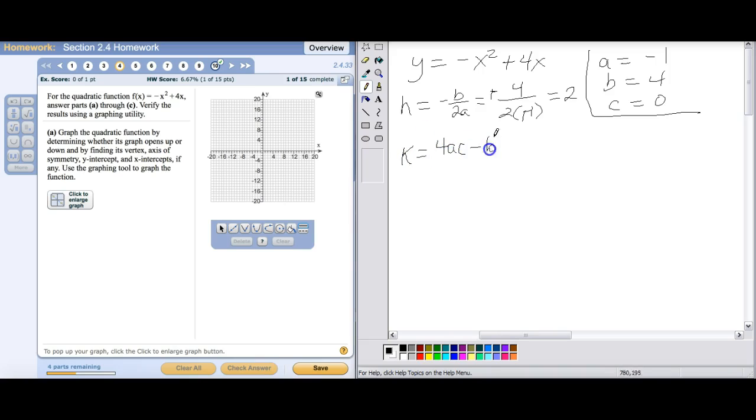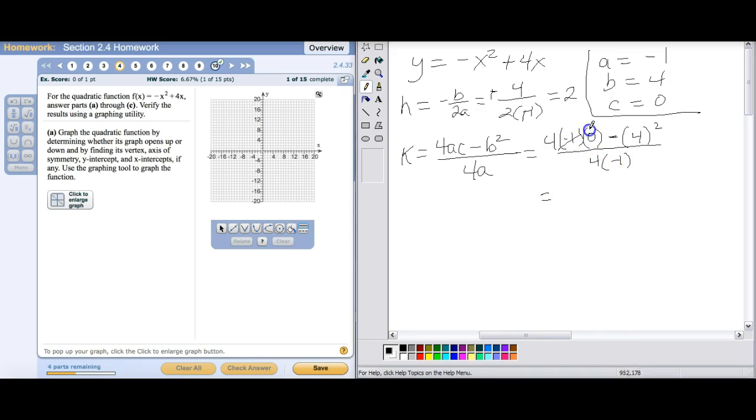For k, we can use this formula. And so we have 4 times a, which is negative 1, times c, which is 0, minus b squared, all over 4a.